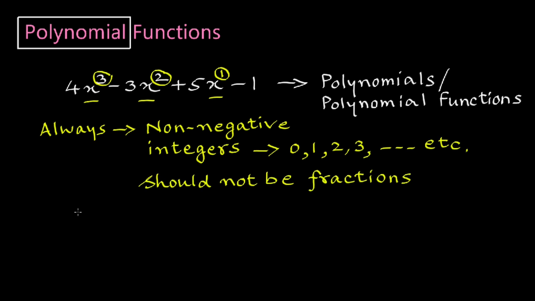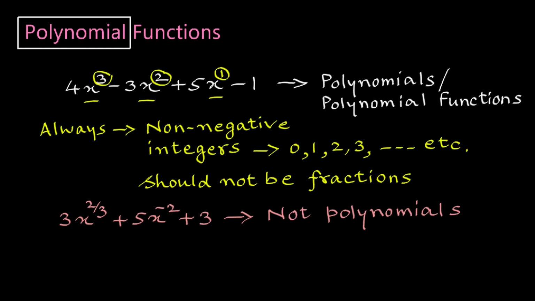Hence, polynomials like 3x raised to 2 upon 3 plus 5x raised to minus 2 plus 3 are not polynomials. A polynomial in x is denoted by p(x), where p stands for polynomial. We will see more about this further.